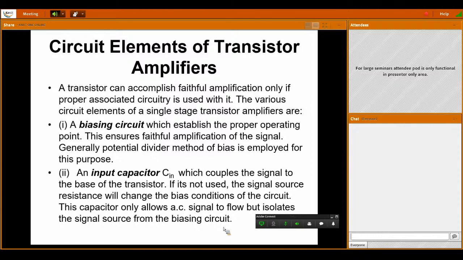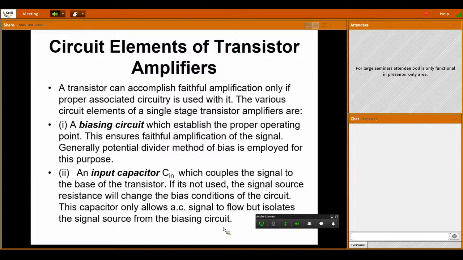Generally, the potential divider method of biasing is employed in the single stage CE amplifier. The other methods are fixed biasing, emitter bias, collector to base bias, and collector to emitter bias. Those remaining four biasing techniques have poor stability.